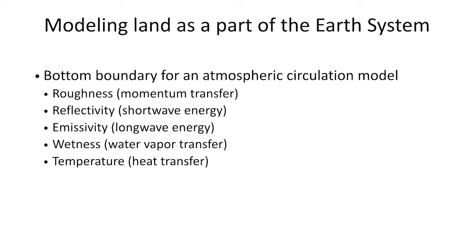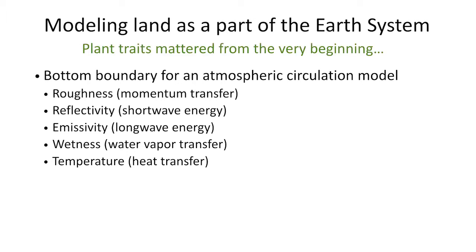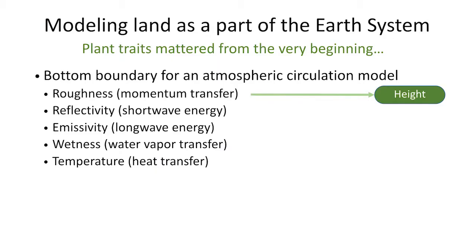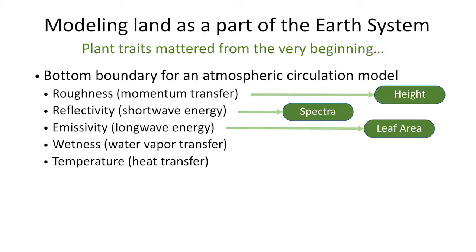And remarkably, plant traits actually matter a lot from the very beginning for all of this, even though the physicists who were putting this all together didn't think of it that way. But the roughness is a representation of vegetation height, and the leaf spectra control a large fraction of the reflectivity over the vegetated part of the land area.